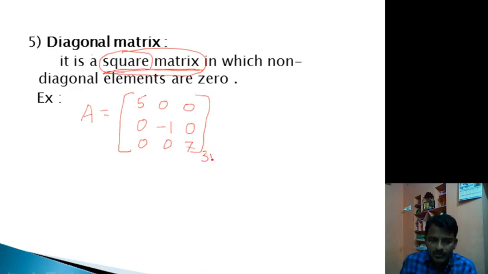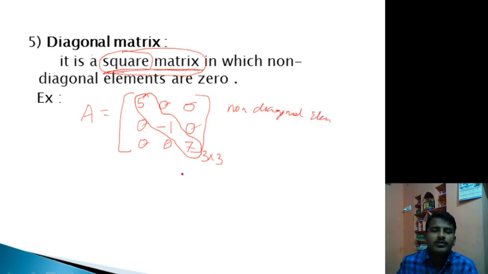Of course, 3 rows 3 columns, square matrix. And non-diagonal elements are 0. See here, these elements we can call diagonal elements, and the other corresponding elements we can call non-diagonal elements. Yes, it is a diagonal matrix.